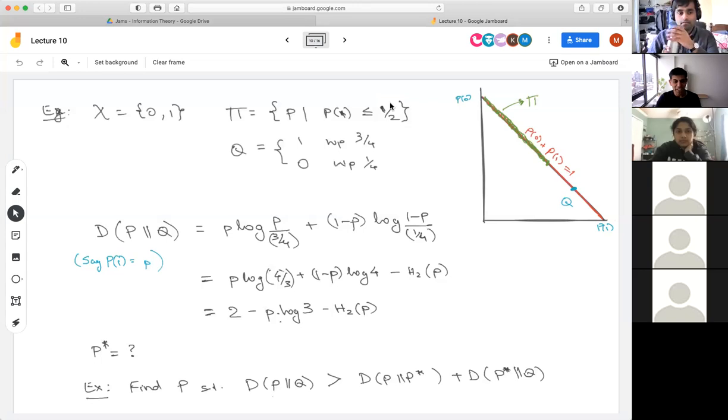Suppose any distribution P can be uniquely identified by the probability of 1, because the other probability is 1 minus P. And so I've computed the KL divergence of P and Q in terms of this parameter, the parameter little p. And now the question is, what is P star, or what is the value of little p which minimizes this expression?